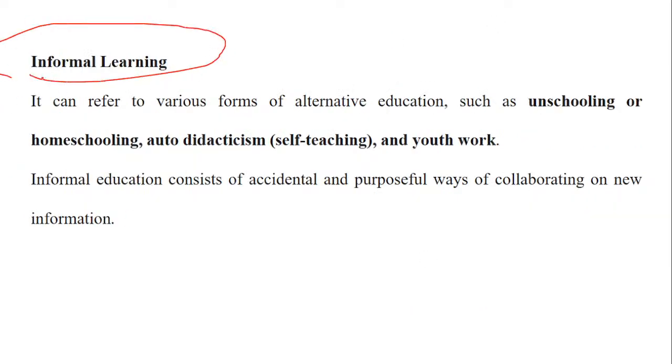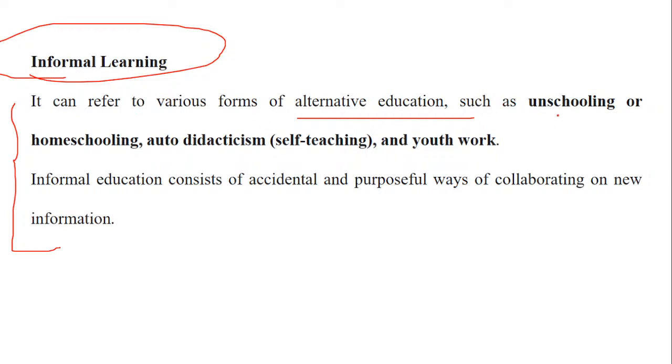Now, see, there is as such no question seen on this, but there can be a confusion created out of this. So, let us sort out that also. It refers to alternative education, forms of alternative education such as adult education, which can be a part of your non-formal education, yes.